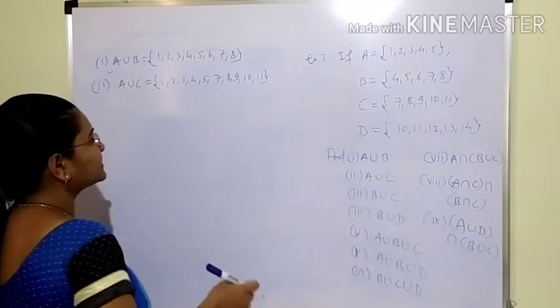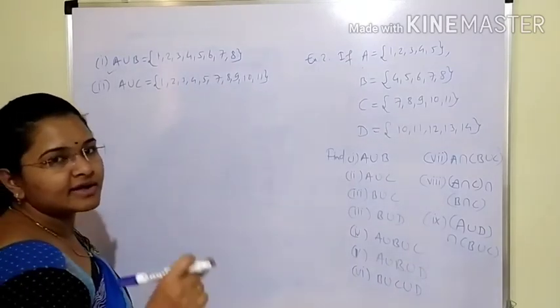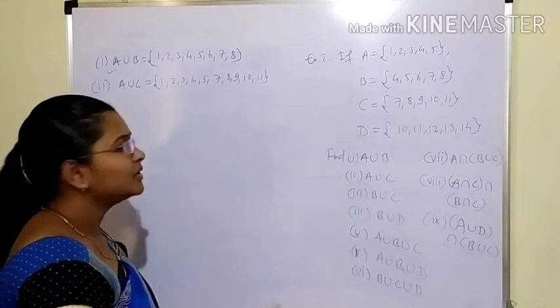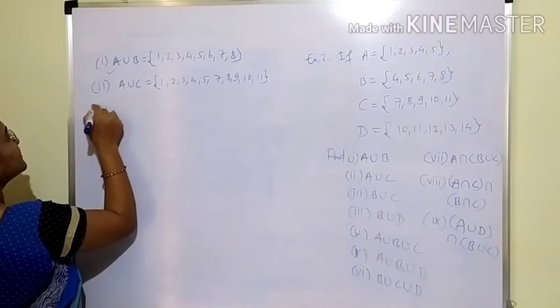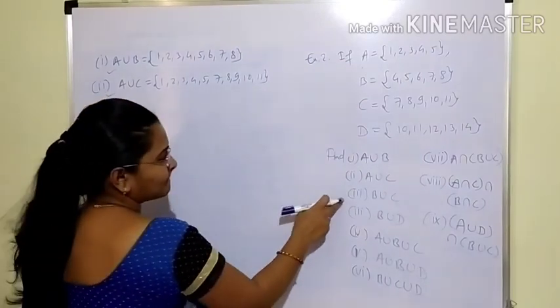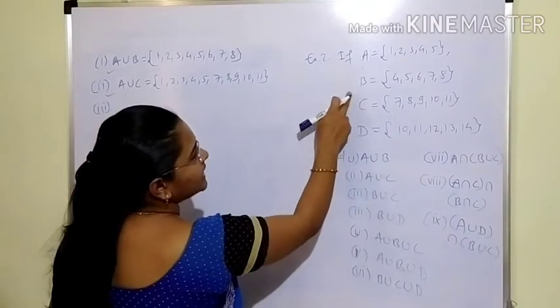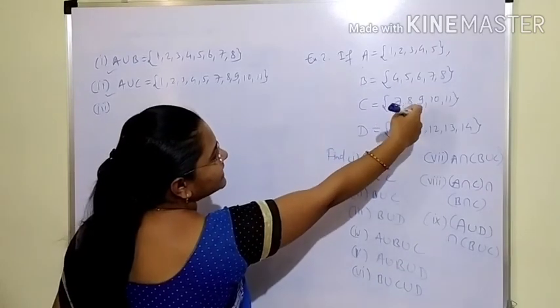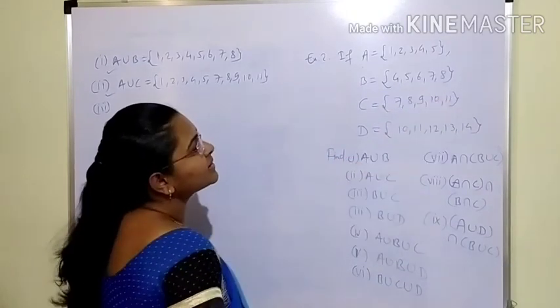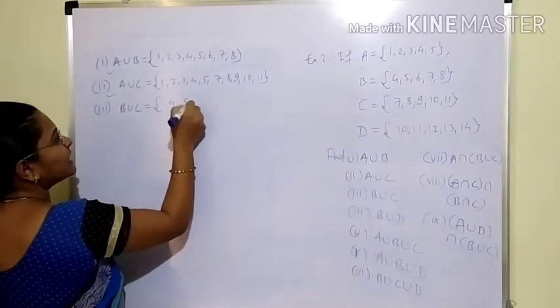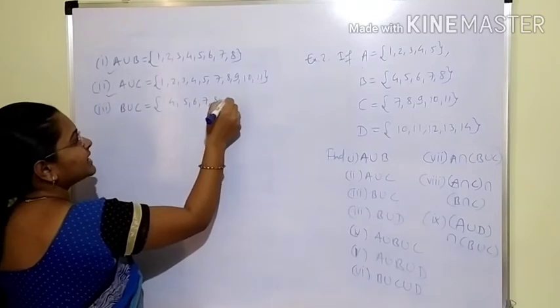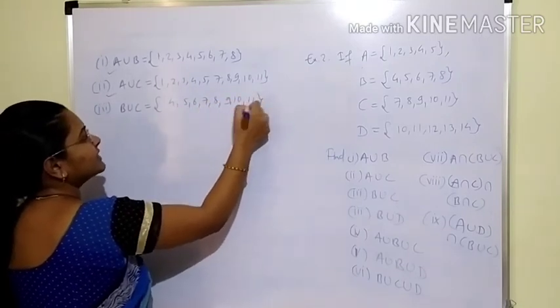By mistake you are writing extra elements and you are not getting even 1 mark. Okay, so write it properly. Third one, B union C. 7 and 8 are common in B and C, so we'll write them once. So B union C equals 4, 5, 6, 7, 8, 9, 10, 11. Okay.